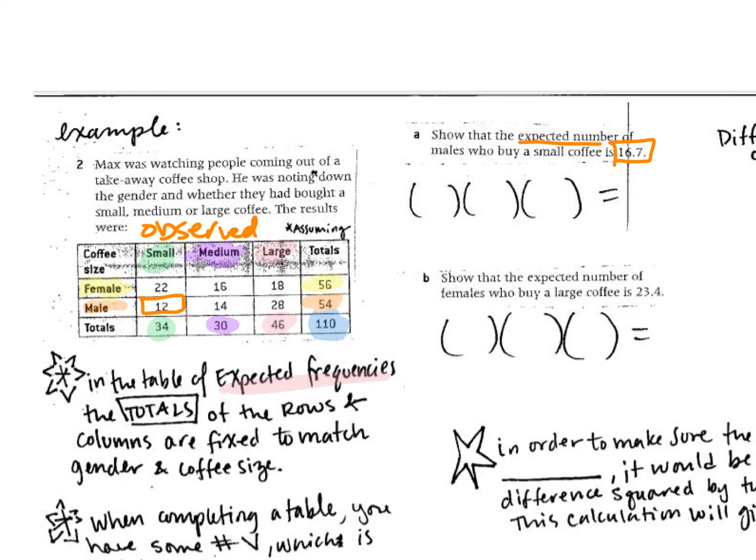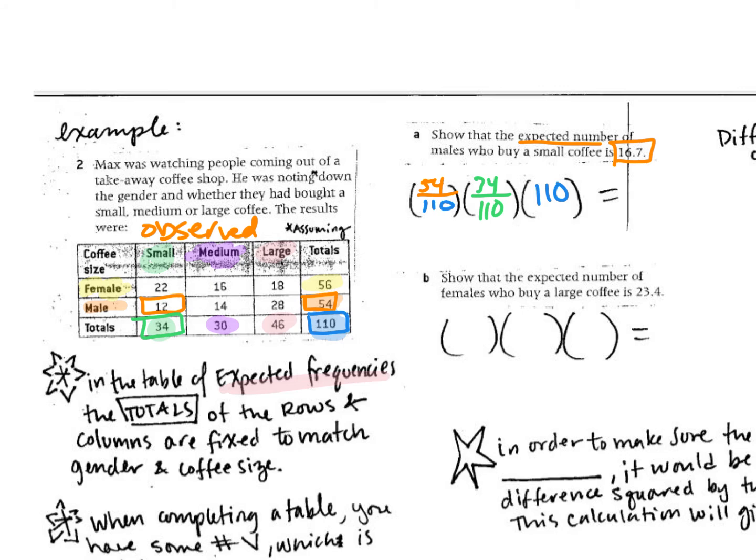So, men, I've got 54, but that's out of my total, out of 110. The small coffees, I had a total of 34 small coffees. So the probability of getting a small coffee out of the total is this decimal, out of 110. And then I need to factor in that there is a total here, so there's 110 that I'd be multiplying by.